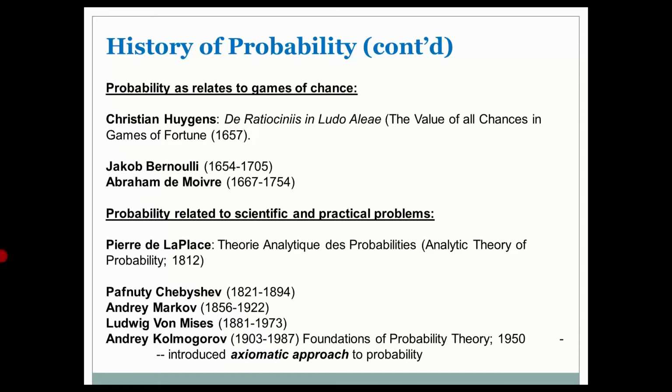Mathematical statistics is one important branch of applied probability. Other applications occur in widely different fields like genetics, psychology, economics, engineering. Many workers have contributed to the theory since the time of Laplace. Among the most important are Chebyshev, Markov, von Mises, Kolmogorov, a lot of big names in statistics there.